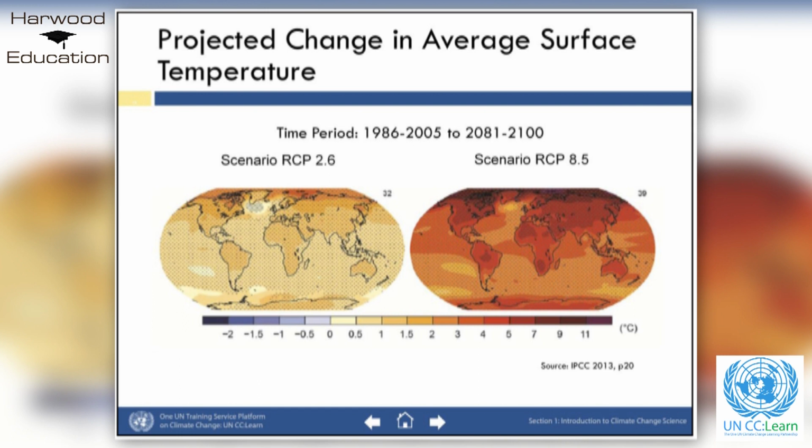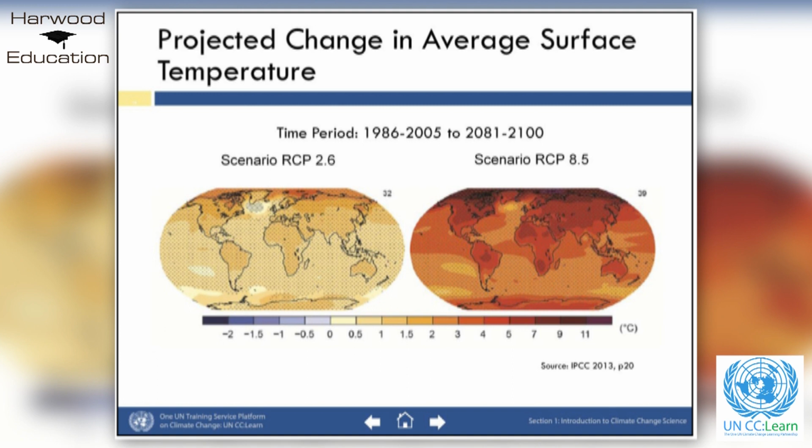Projected change in average surface temperature. This figure illustrates the projected, i.e., future change in average surface temperature for two different scenarios. The projections are for the end of the 21st century, 2081 to 2100, and are given relative to 1986 to 2005.